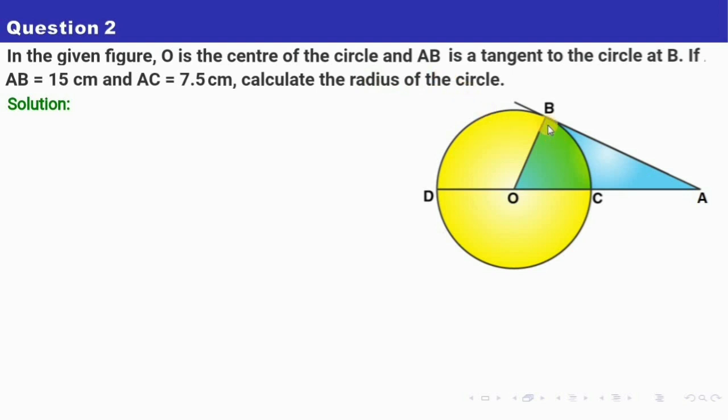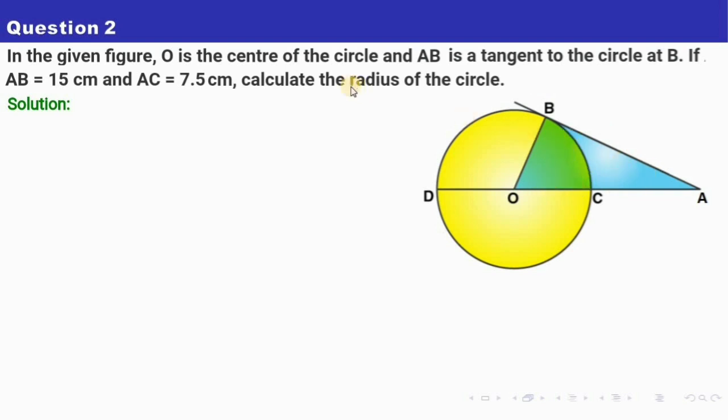Okay, so again we know that this angle, that is OBA, has to be 90 degree because OB will be perpendicular to the tangent AB. Since this is 90 degree, OBA is a right angled triangle.